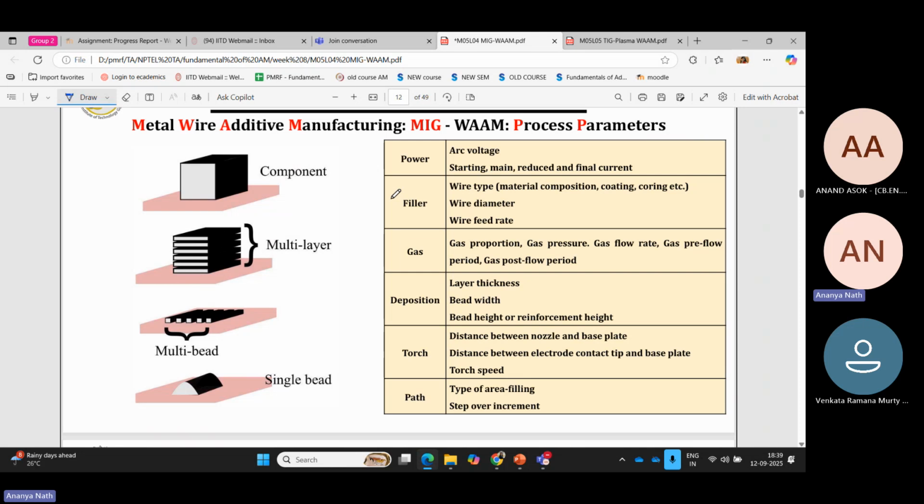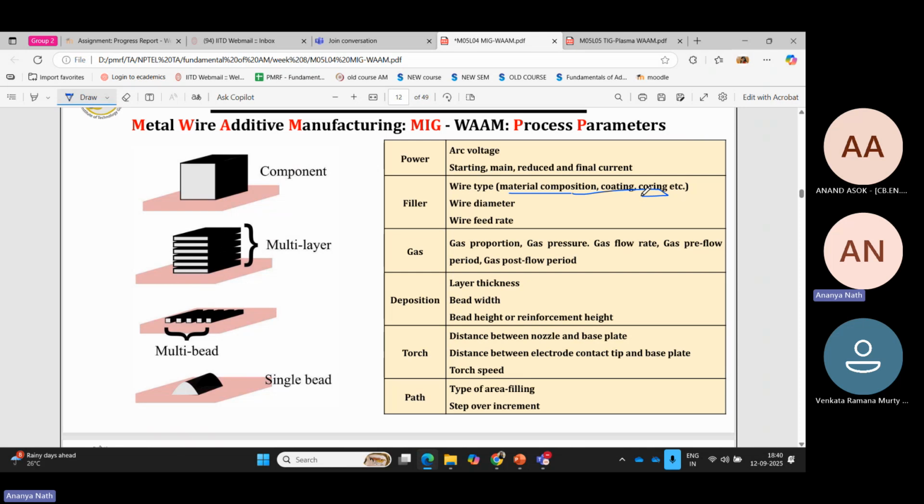So wire type is not a process parameter because you cannot change it, but wire type is something which decides the process parameter. Wire type means the material composition, coating, coring, like what is the composition, what is the melting point, what is the heat diffusivity, thermal conductivity mainly, thermal coefficient of expansion, then heat diffusivity, wettability.